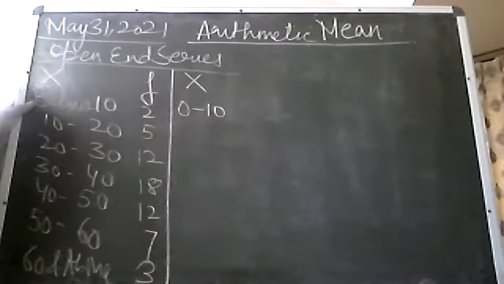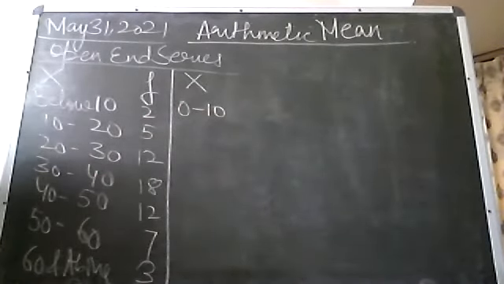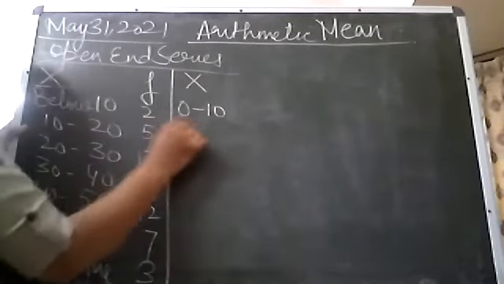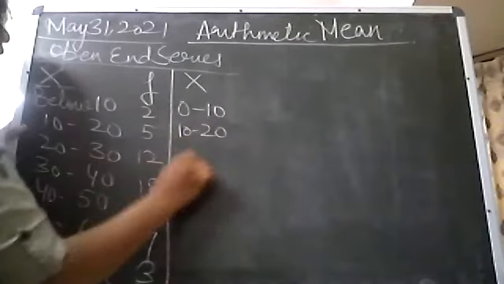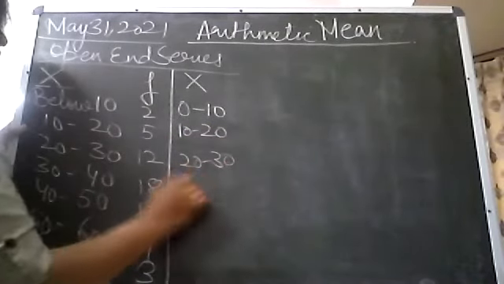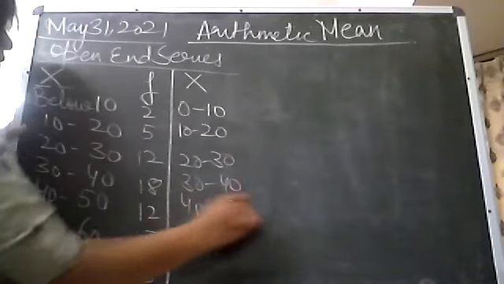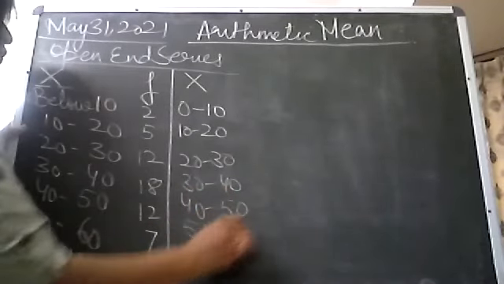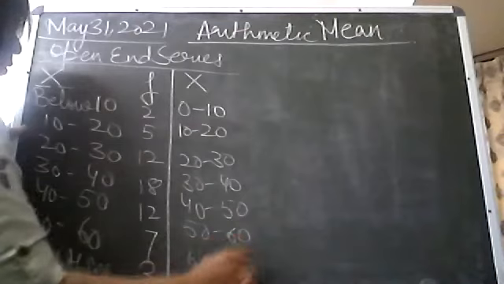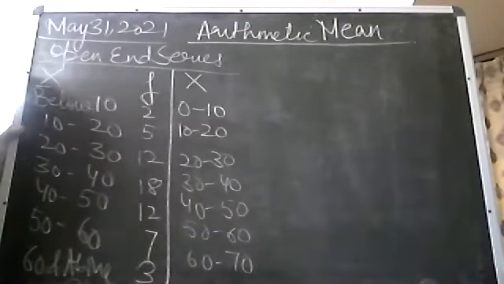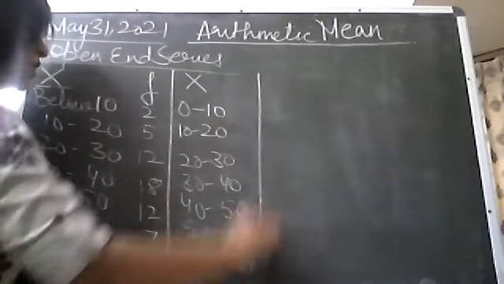So our x becomes 0 to 10. Right? Next class intervals: 10 to 20, 20 to 30, 30 to 40, 40 to 50, 50 to 60, 60 to 70.